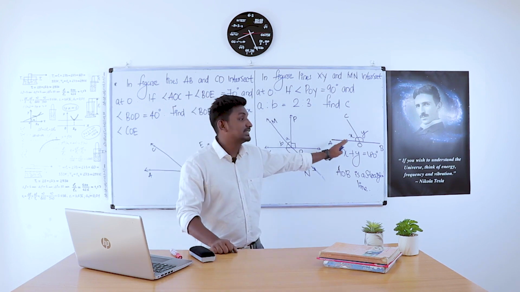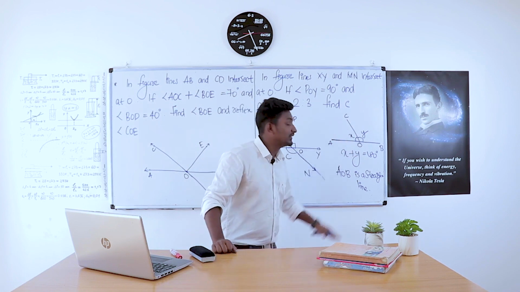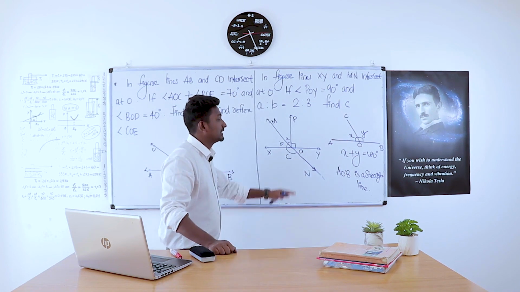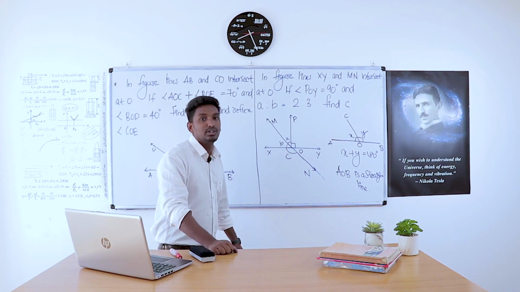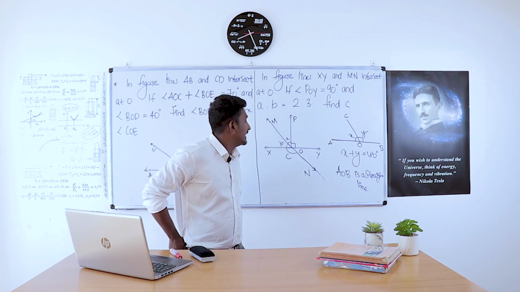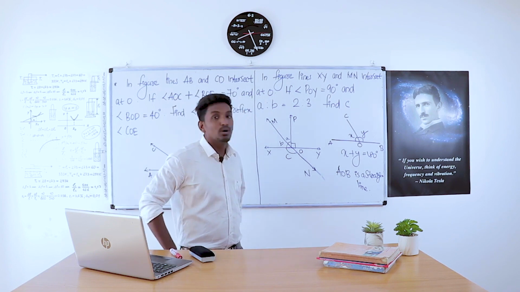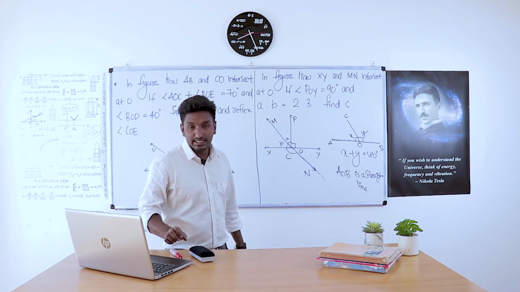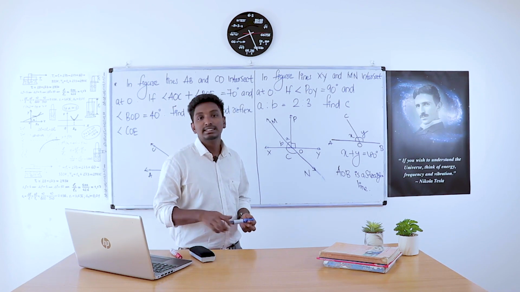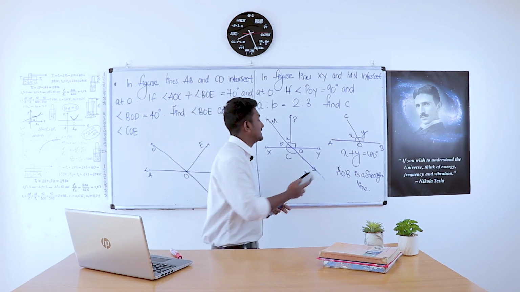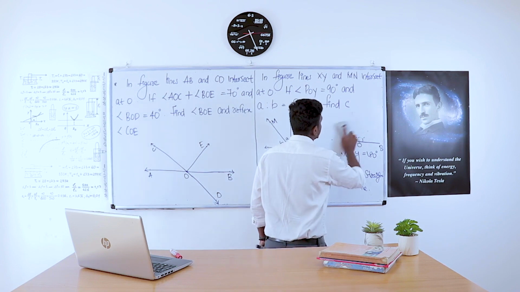If the sum of these adjacent angles, X plus Y, is equal to 180 degrees, then we can say that AOB is a straight line. This is the axiom given in your textbook.